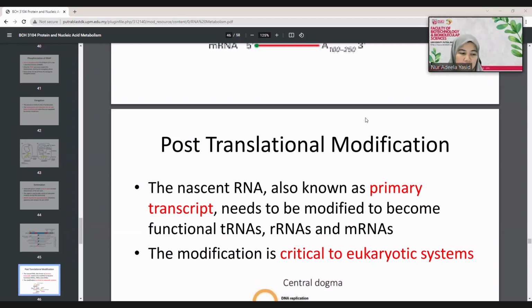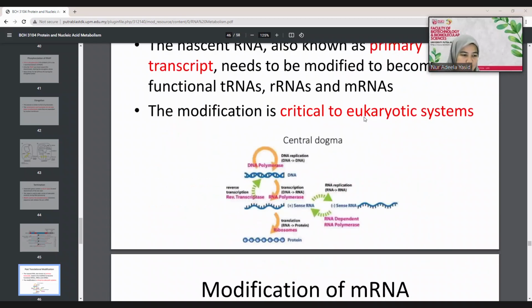The next one, RNA. Once we undergo all the elimination process, we now have the primary transcript of RNA. This primary transcript of RNA needs to be modified to become functional tRNAs, rRNAs, and also mRNAs. This modification is critical to eukaryotic systems.